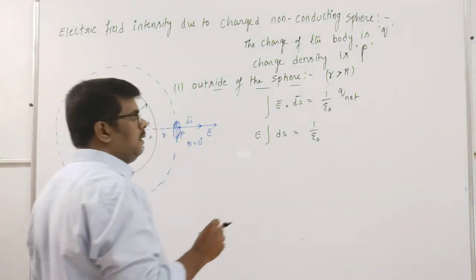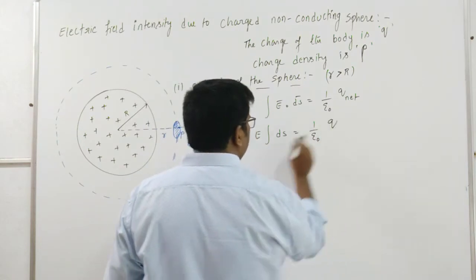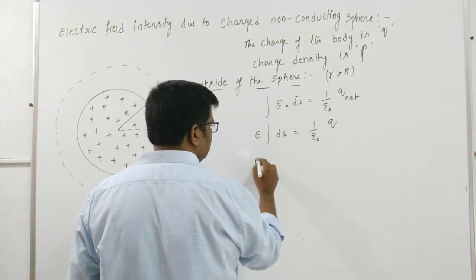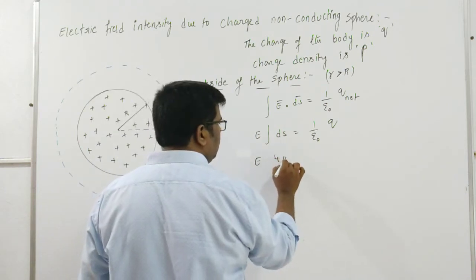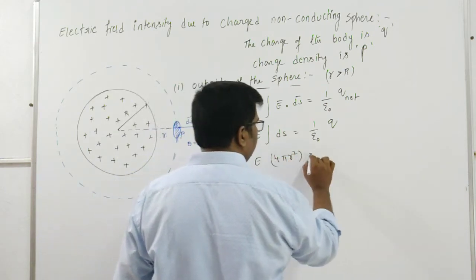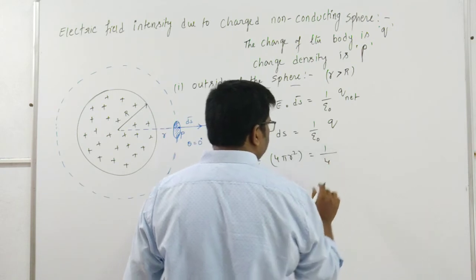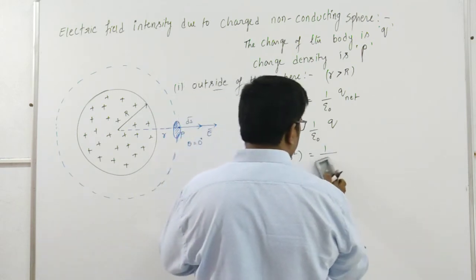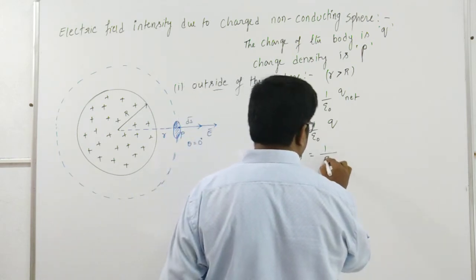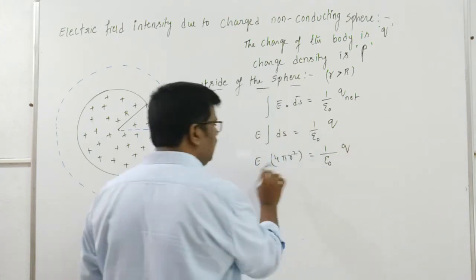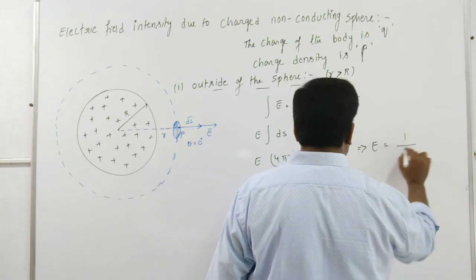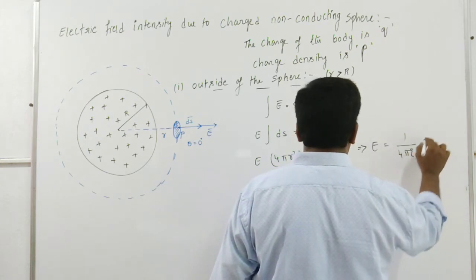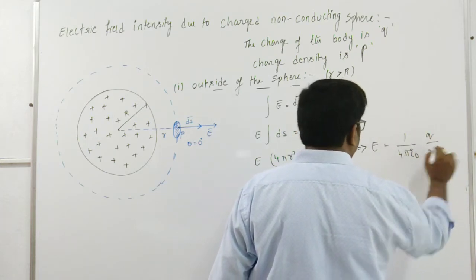Then integral ds is the surface area of the Gaussian sphere, that is 4 pi r square, equal to 1 by epsilon naught times the net charge. Then we can write E equals 1 by 4 pi epsilon naught into q by r square.